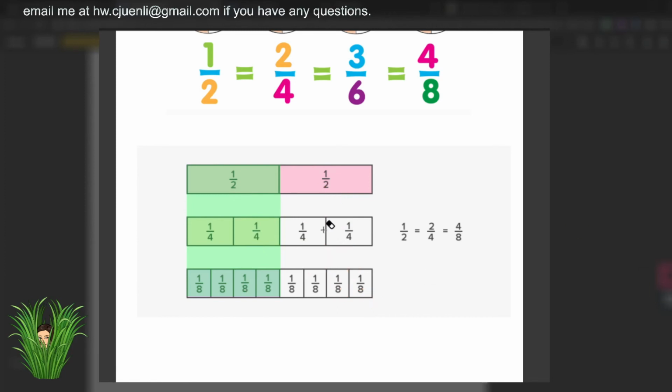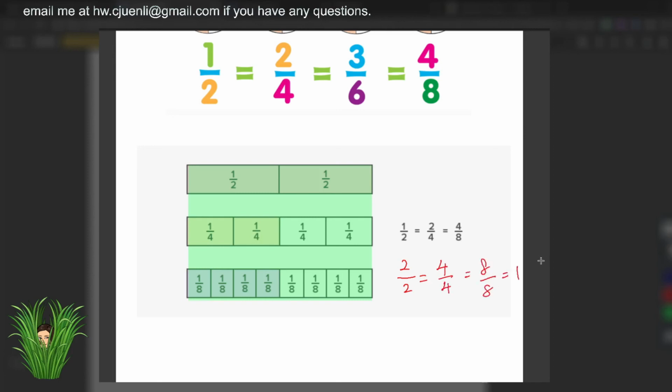What if I want all of it? I want all of this. What does that mean? It means 1. I can show you over here: 2 over 2 equals 4 over 4 equals 8 over 8.